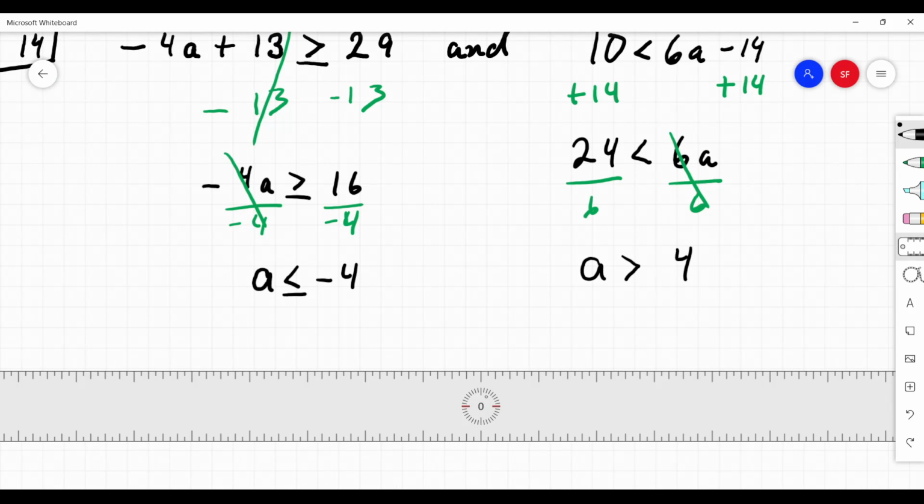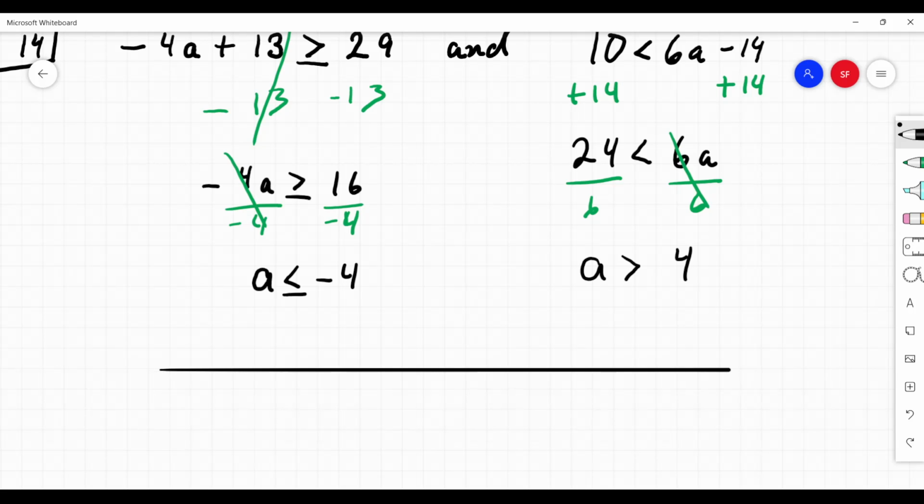Now, we go to graph it. Both conditions have to be true for this to be true, right? So let's test our intervals.